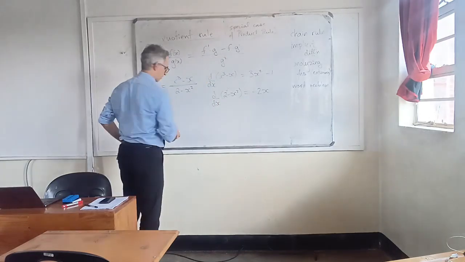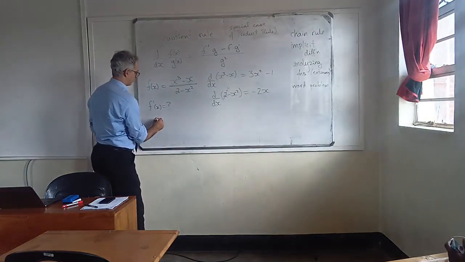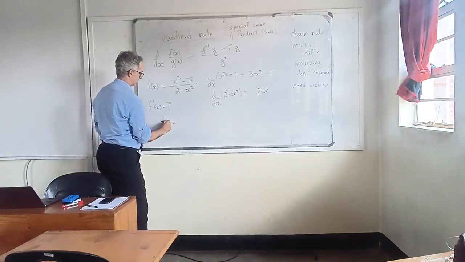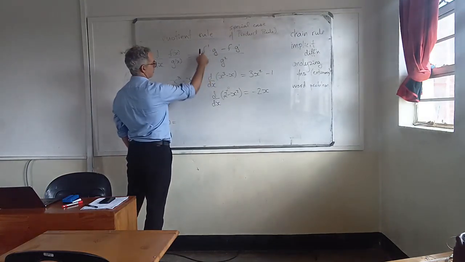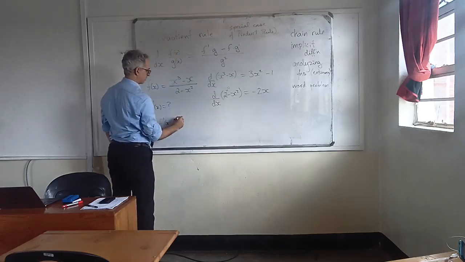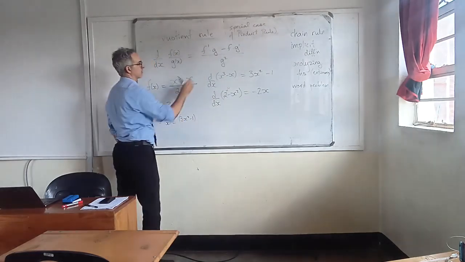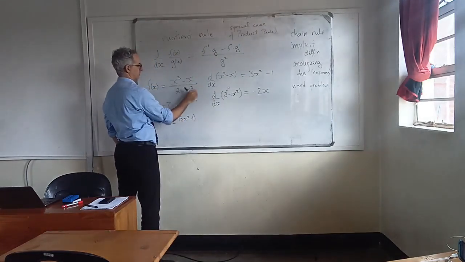Okay. So I want f prime of x now. So f prime of x will be the derivative of the numerator, which we said is this. Yeah? So 3x squared minus 1, in brackets, multiplied by g. What is g? G is the denominator.